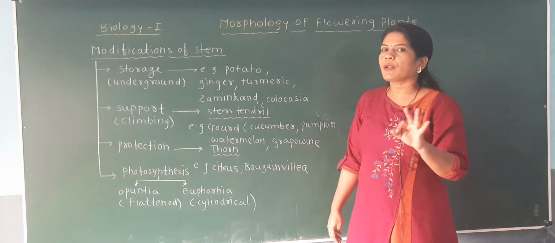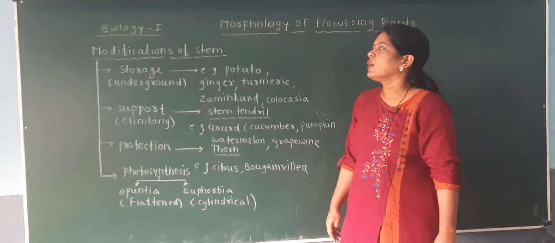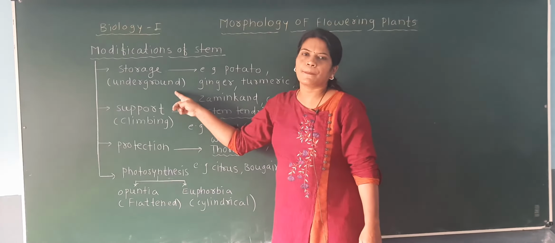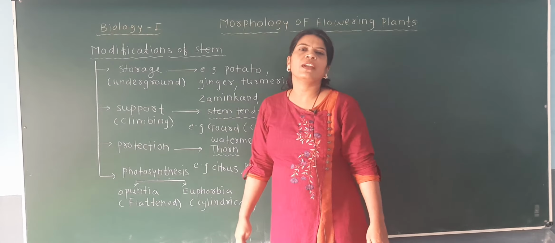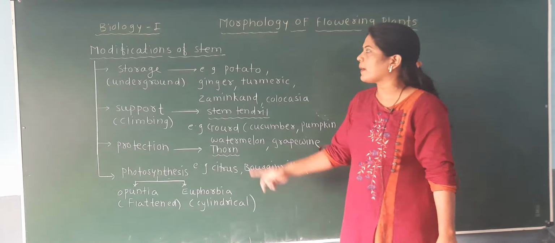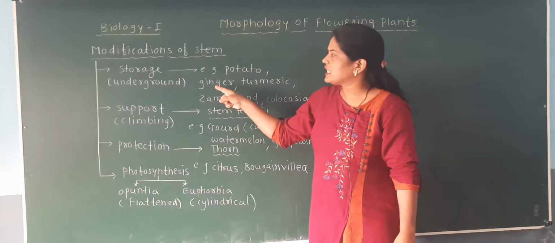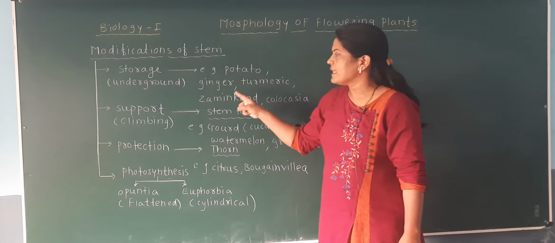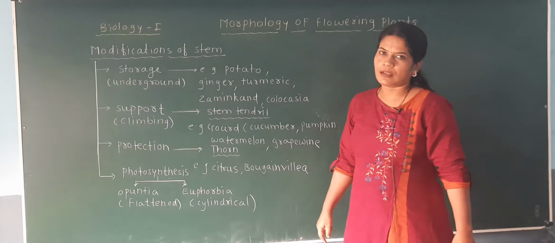You have to remember all these 5 examples for the underground stem, which is modified mainly for the storage of food. Which are these 5 examples? Potato, ginger, turmeric, zaminkan and colocasia.